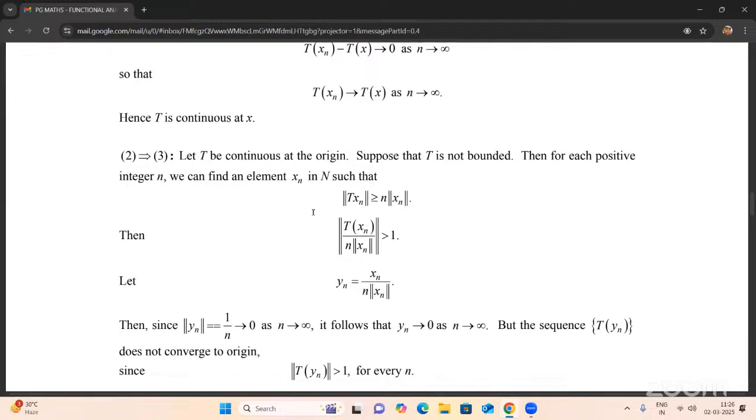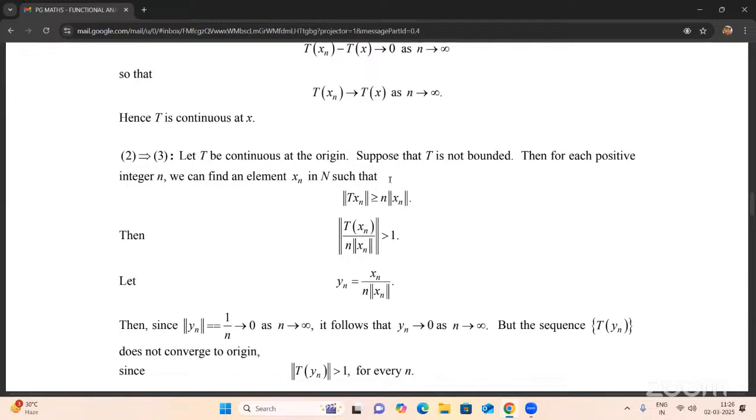So we are applying the condition that T is not bounded, which means norm T of x is greater than or equal to M norm x. So replacing x by xn through the sequence, norm T xn is greater than or equal to n into norm xn. So in the above definition of bounded, we are replacing capital M by n.